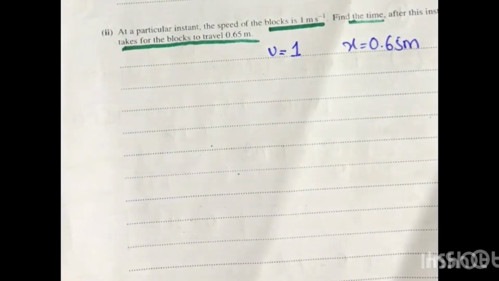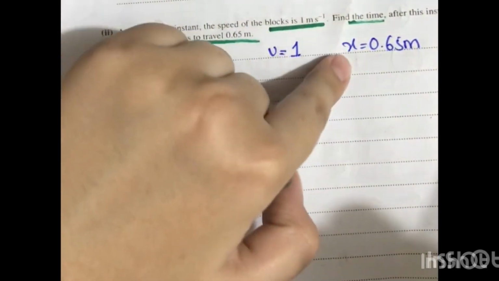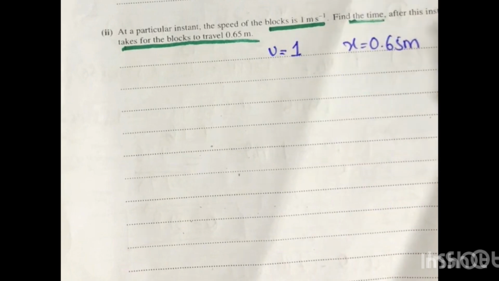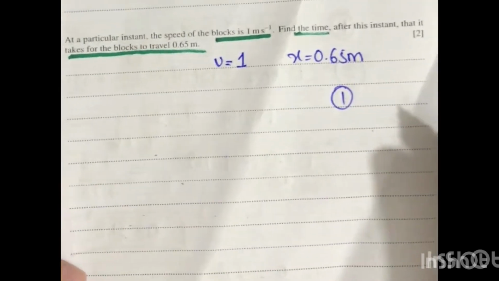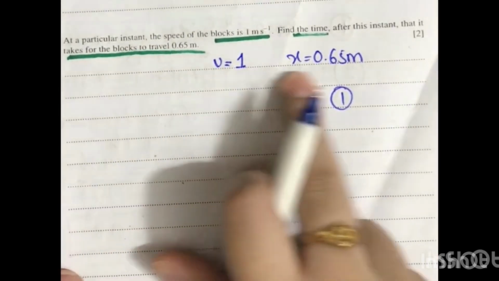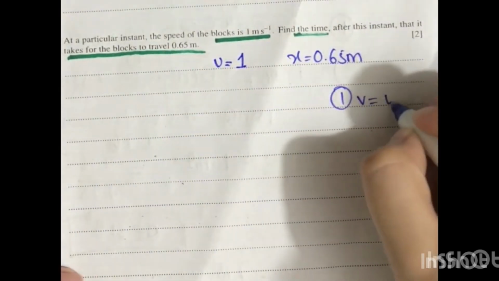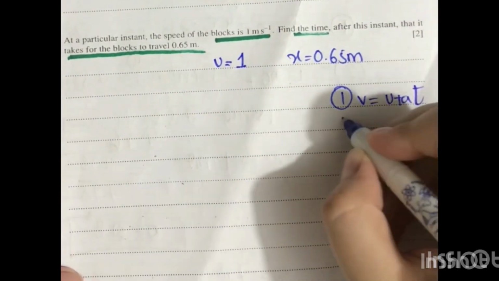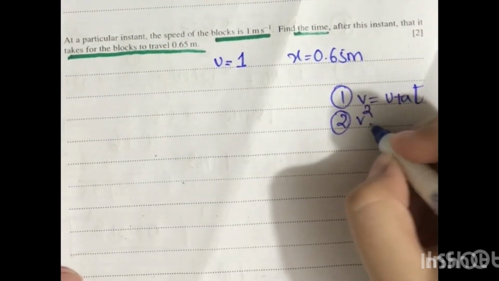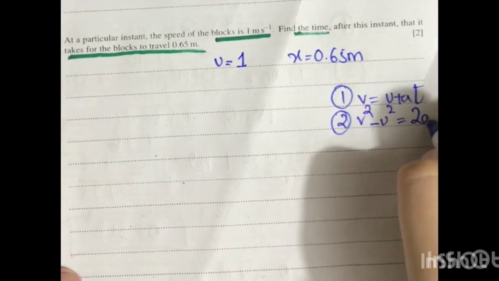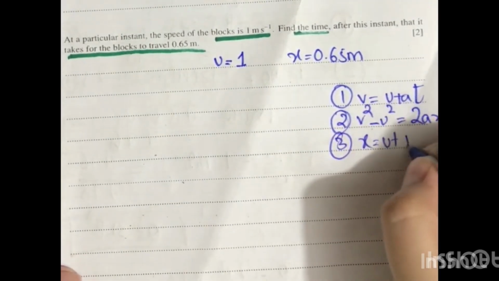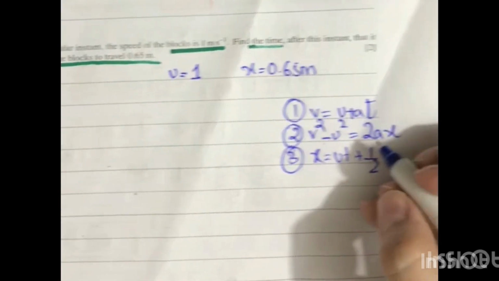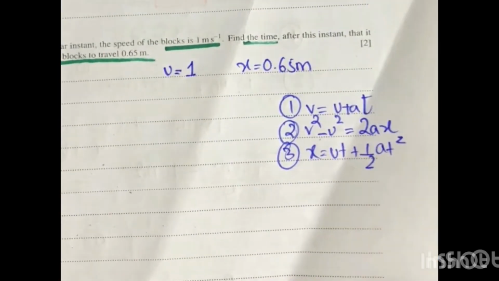Since there's mention of speed and distance, that means we can now use the formulas of kinematics, which we can write down on the side to see which one is the most appropriate for the information we have. So we have v is equal to u plus at, we have v squared minus u squared is equal to 2ax, and then we have x is equal to ut plus half at squared.